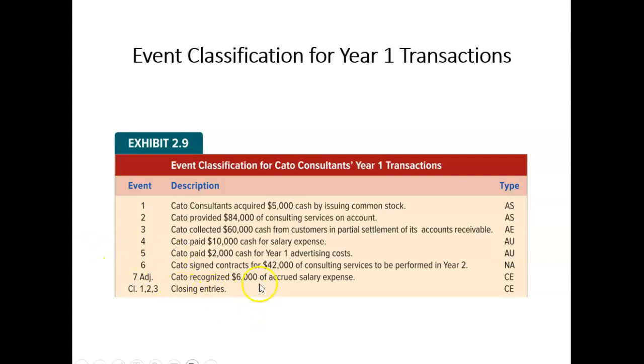Received a bill for $6,000 of accrued salary expense: a claim exchange. For this transaction, your liabilities increase and your stockholders' equity decreases. And then a closing entry is also a claim exchange, because you're closing out the temporary accounts over to retained earnings.